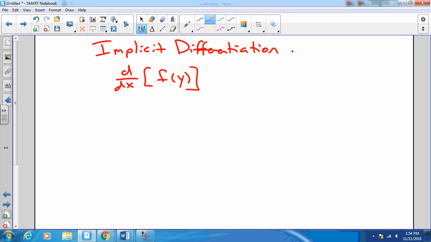What do I get when I compute d dx of f of y? That's not a mistake. I have two variables in there on purpose. What do I get when I compute d dx of f of y?